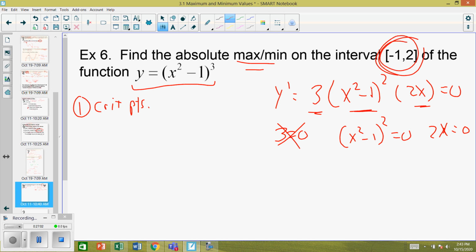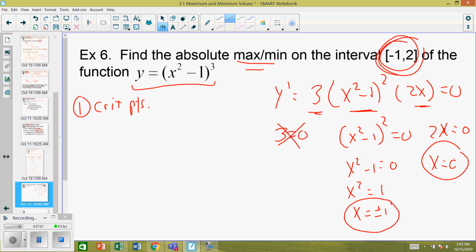Right here, we could take the square root of both sides, get x squared minus 1 equals 0. We can add 1 to both sides and then take the square root and get plus or minus 1. And over here, x equals 0. So my critical points that I got by setting the derivative equal to 0 are 0, 1, and -1.